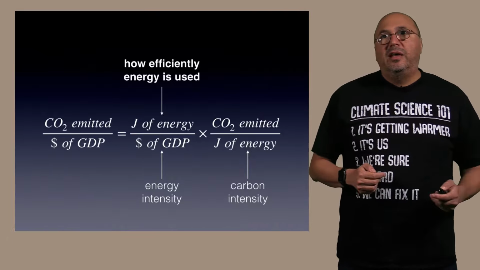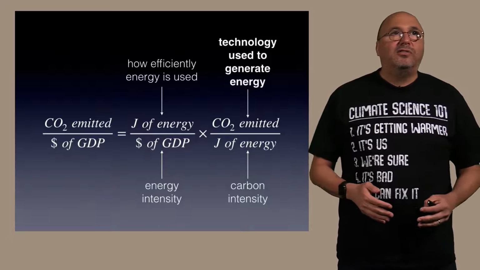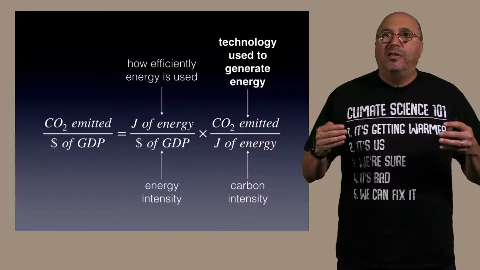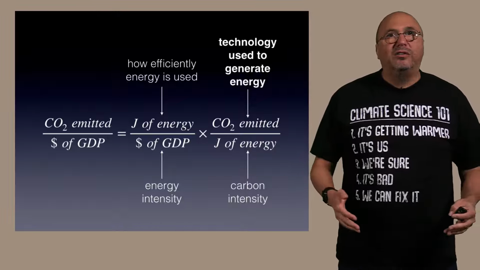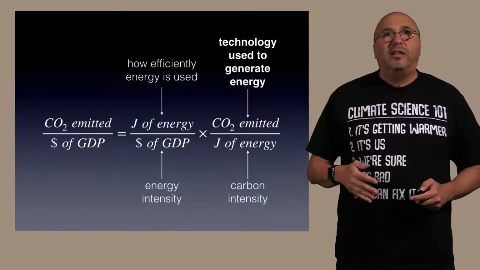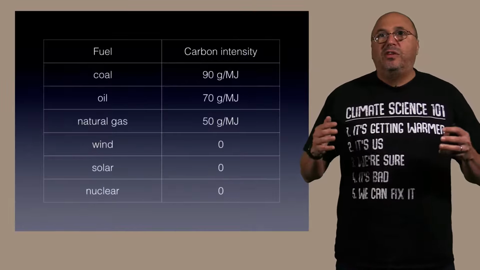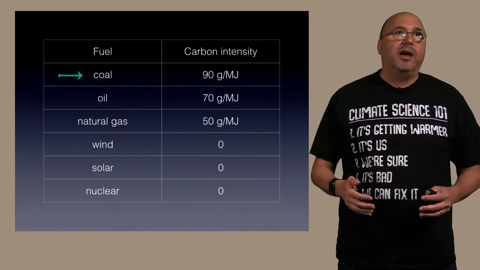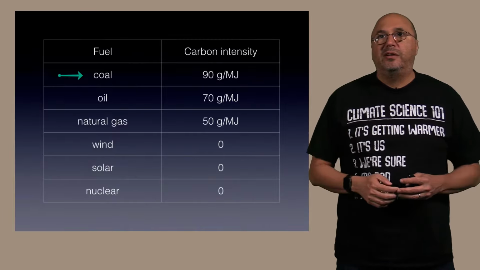Carbon intensity is a measure of how much carbon dioxide is emitted per joule of energy generated. In other words, this is determined by the technology being used to generate energy. If we look at the carbon intensities of various fuels, we see that the worst fuel for the climate is coal, which produces a huge amount of carbon dioxide per joule of energy generated.